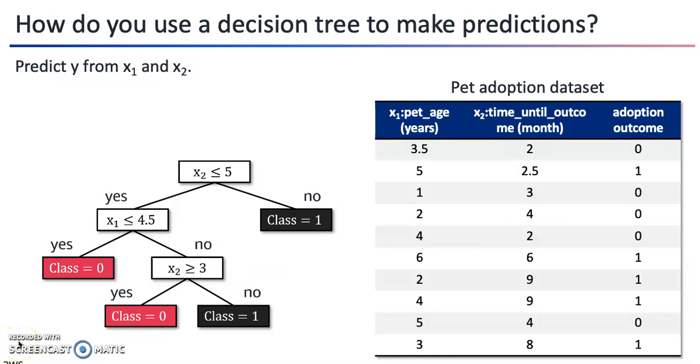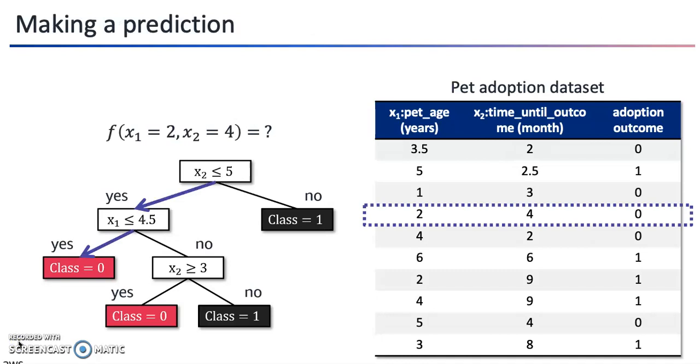So now that we have a machine learning model that has been trained, the goal is how to make predictions. How to predict y from x1 and x2. How to predict the target from 2 given features.